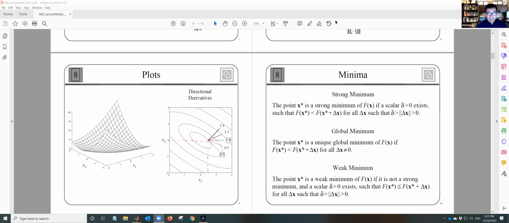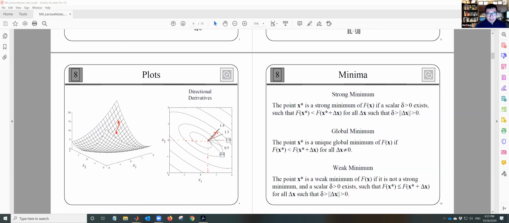Are you getting bigger and bigger, or smaller and smaller? Getting bigger, because you are walking along this direction. If you walk along the gradient direction, you are getting bigger. But if you walk along the negative gradient direction, it's going to get smaller. Do you guys agree?